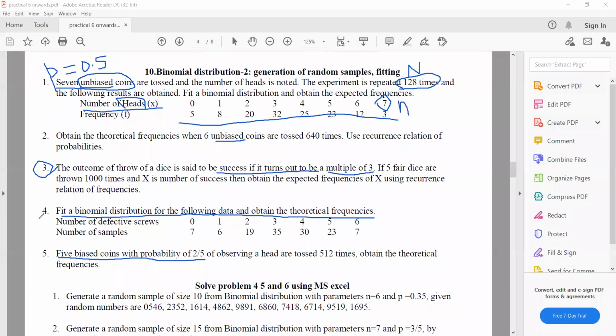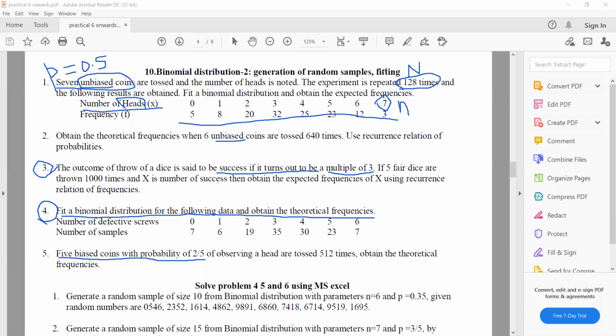In some cases, p will not be completely given. We have to obtain it from the experiment itself, that is, estimate it from the observed distribution. This is called estimation of parameters, and we use the method of moments, which we'll be studying in detail in the coming semester. So we just apply that method and estimate the value of p.